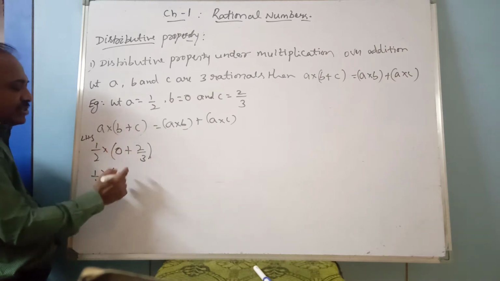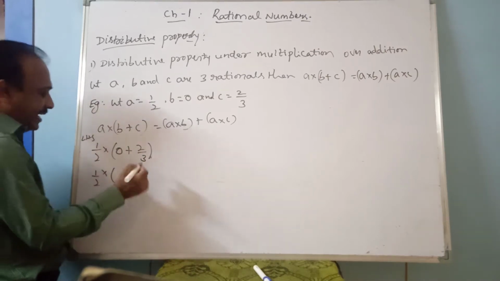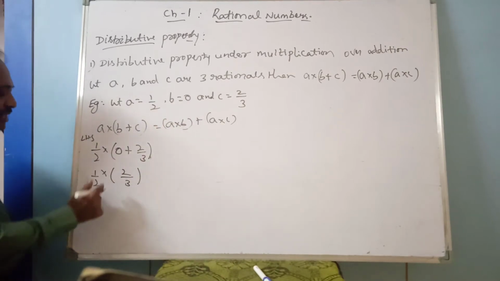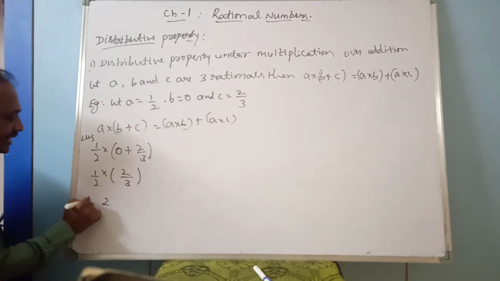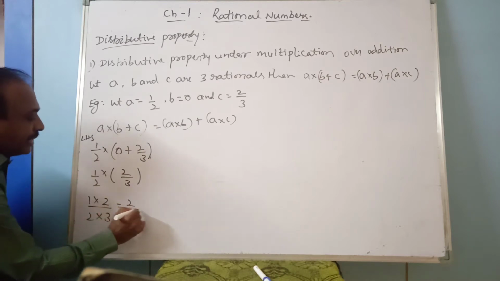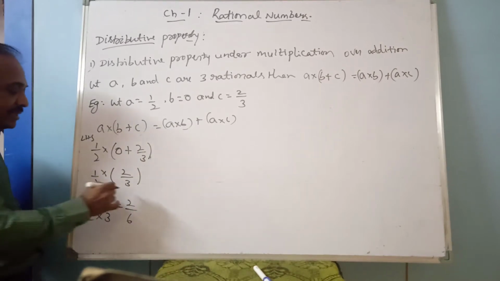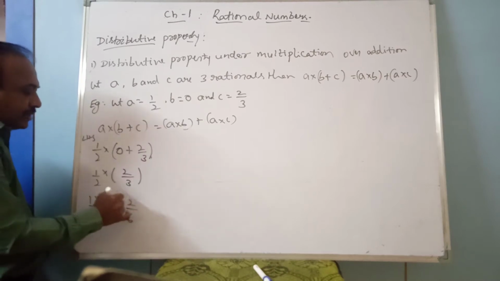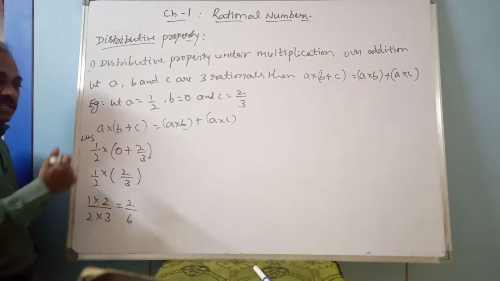As we know, 0 plus 2 by 3 is 2 by 3. Now multiplying, 1 into 2 by 2 into 3 gives 2 by 6, which you can cancel.